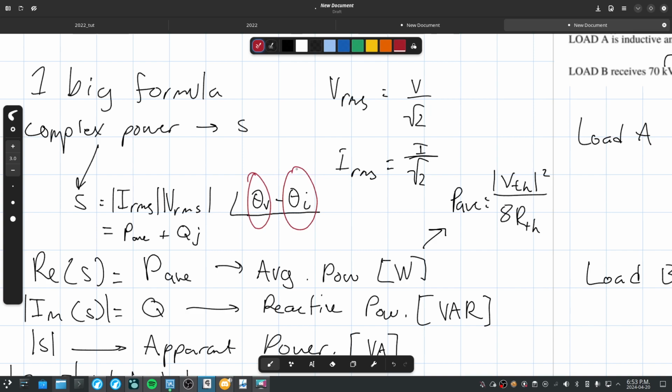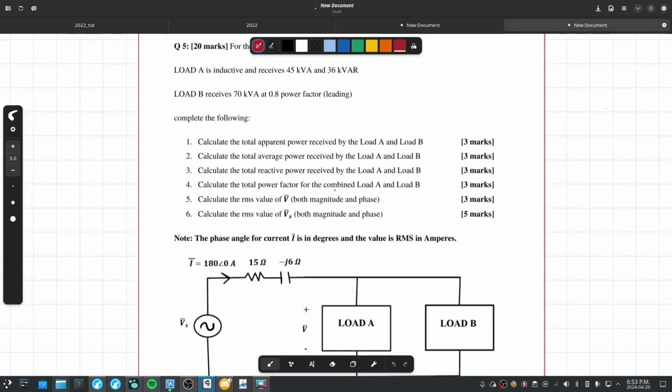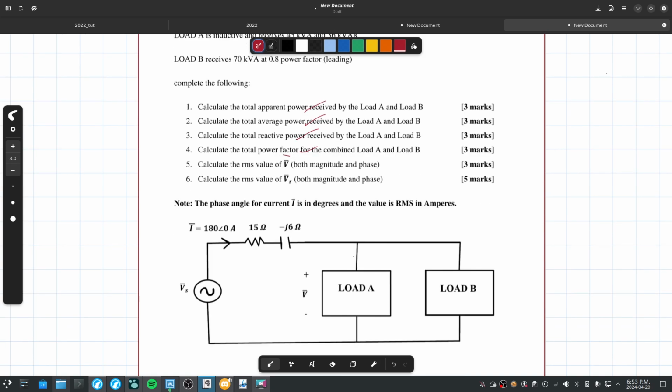Are you going to do part 5 and part 6 for this question? I will be honest with you, I'm not entirely sure how you'd go about solving 5 and 6. I don't think I've ever seen a question like this.